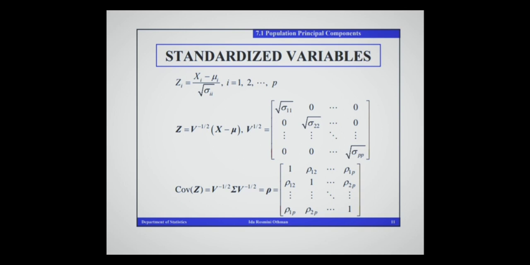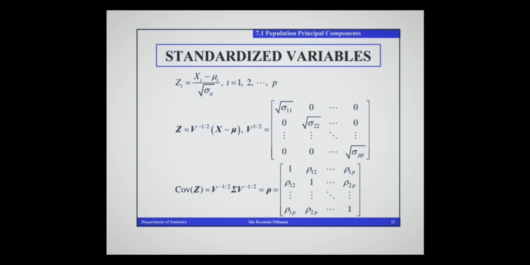Okay, and then the formula to find the matrix of variance covariance of Z will be like this. You have seen it before, right? To find the covariance matrix, you need to find the inverse of the square root of V, multiply by the big sigma, which is the variance covariance matrix of X, multiply by the inverse of the square root of V matrix.